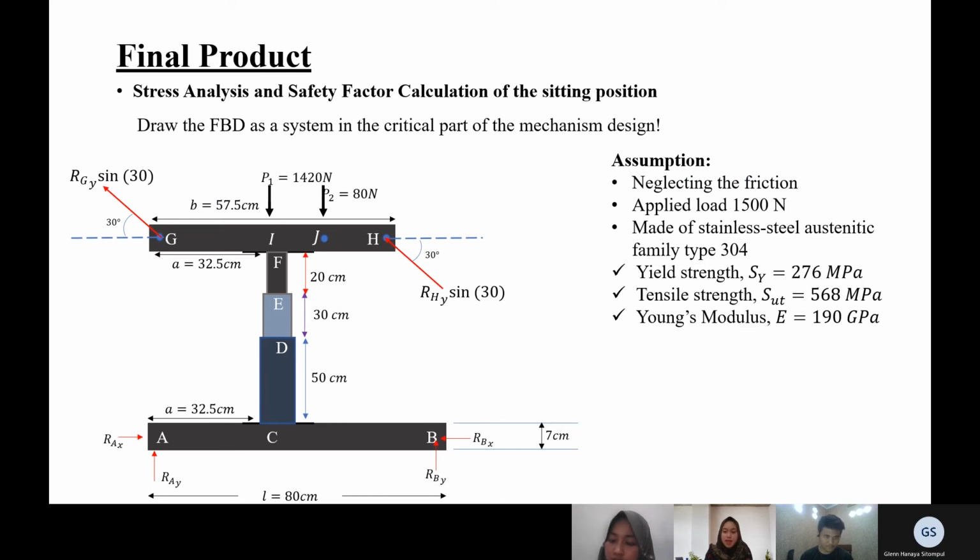And from the Shigley book, from Table A-22, the yield strength is 276 MPa, the tensile strength is 568 MPa, and the Young's modulus is 180 GPa.